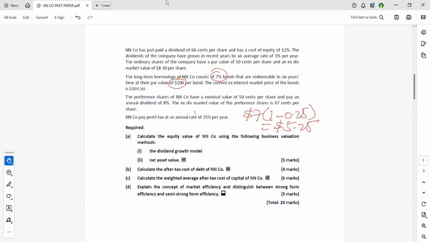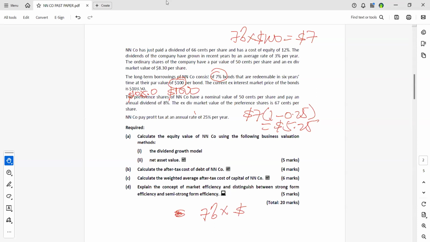What if this time around we said 7% of $100, then we got $7, but the par value is 1,000? Beautiful example. If the par value is 1,000, then the market price here would be 1035.